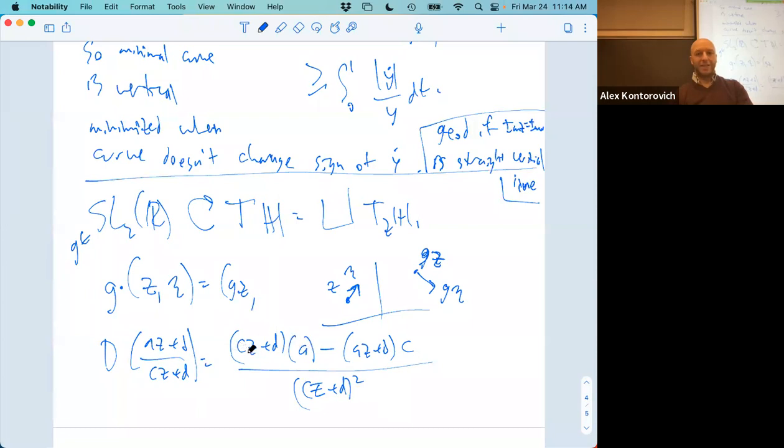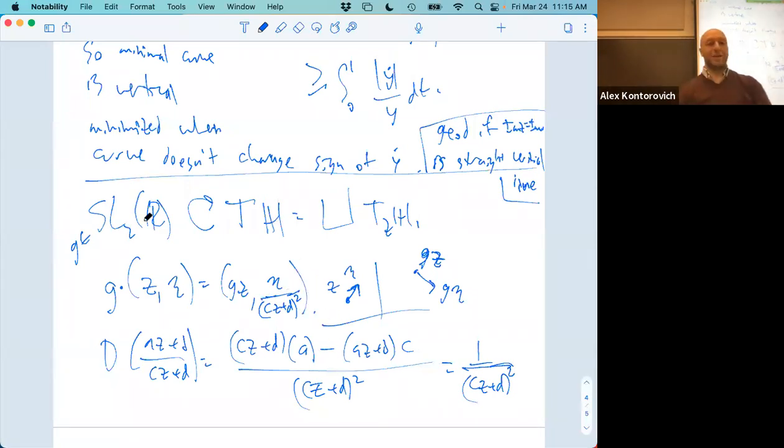So the acz terms cancel, and I get ad minus bc. So I get 1 over (cz plus d), not absolute value squared, but just squared. So in fact, that's what should happen to eta. Eta gets multiplied by this, and it's divided by (cz plus d) quantity squared.